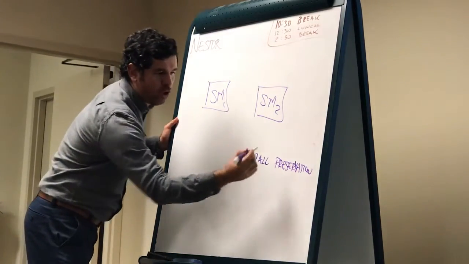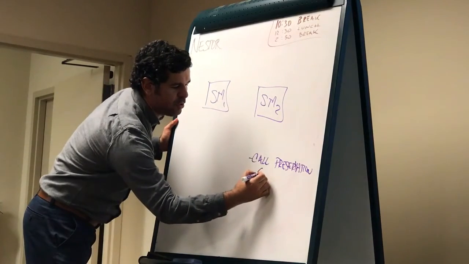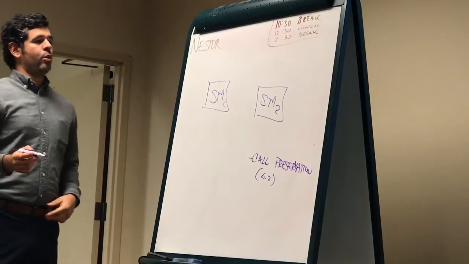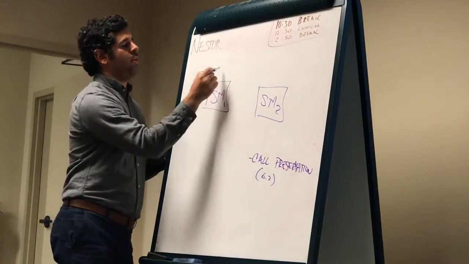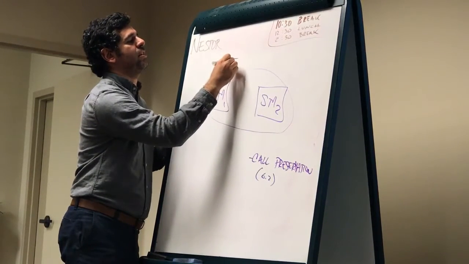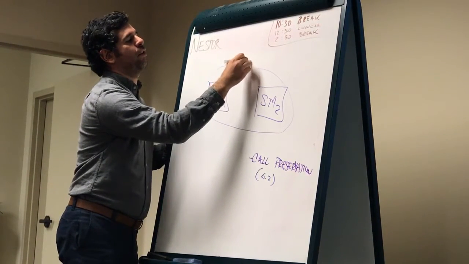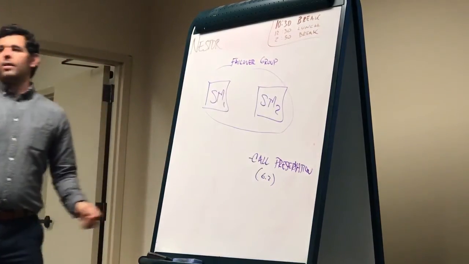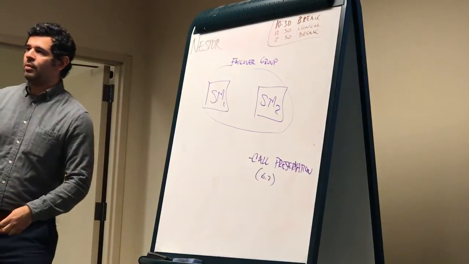So remember, call preservation is the new feature with release 6.2. And for you to make it work, you need to configure something known as a failover group. So you group the two Session Managers in a failover group. Can a failover group include a BSM?